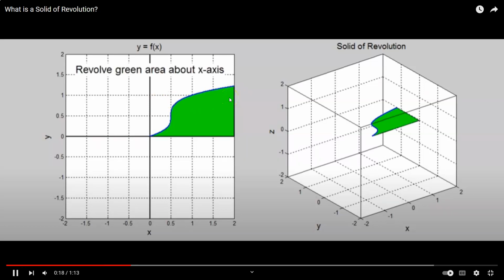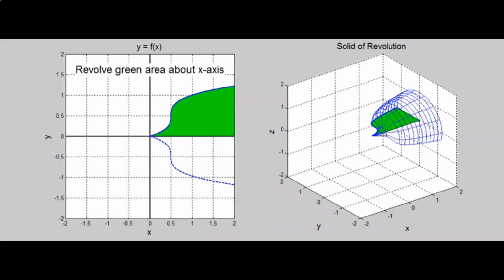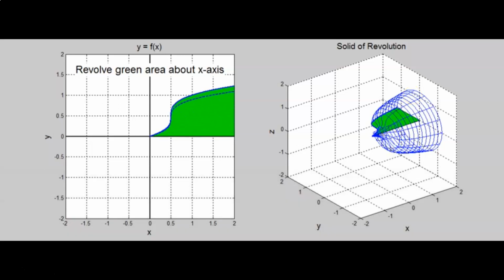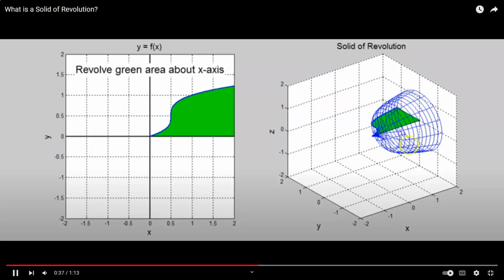And now we are going to be revolving that around an axis. So if we take that and revolve it around the x-axis, you can see it makes this cool shape over here. And then we are going to be able to find the volume of that figure.